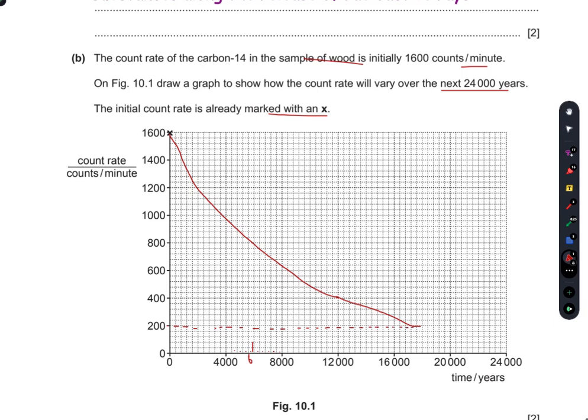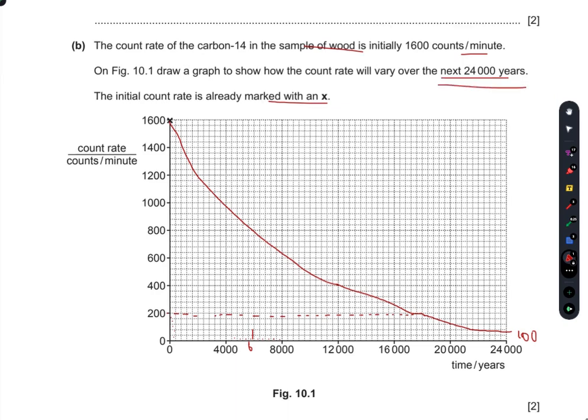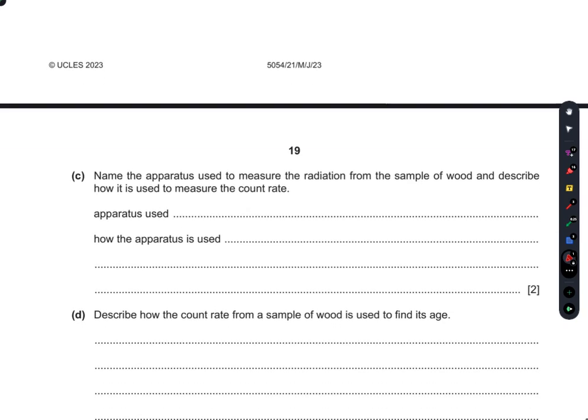And in the end, at 24,000 years, it will become half again, so there would be 100 count rate at the end of the 24,000 years. You have to draw this properly.